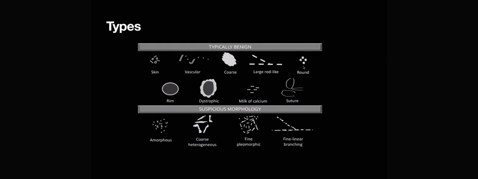Round is not typically benign always. It depends on the distribution and the evolution along time. And the suspicious morphology, which you know: the amorphous, coarse heterogeneous, fine pleomorphic, and fine linear branching.